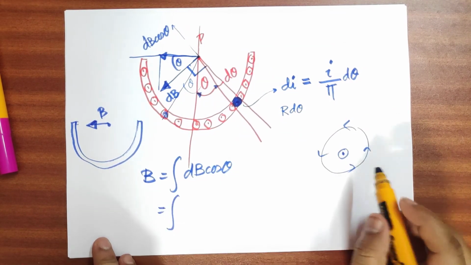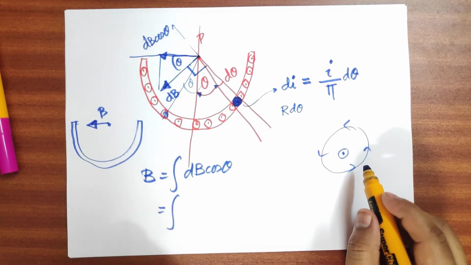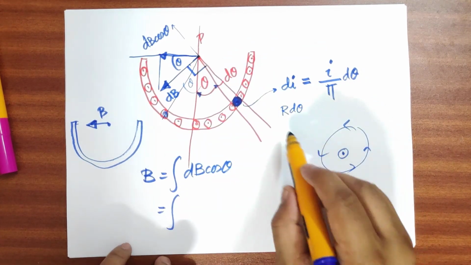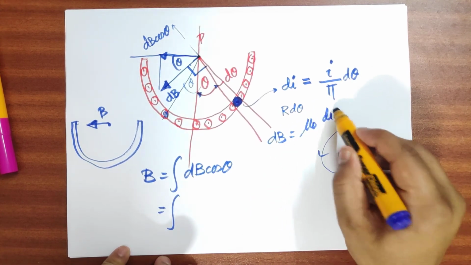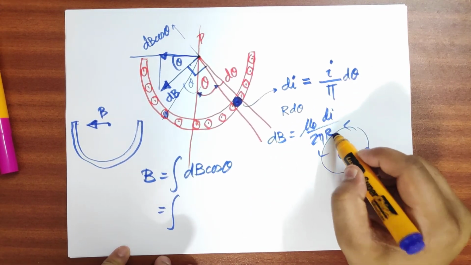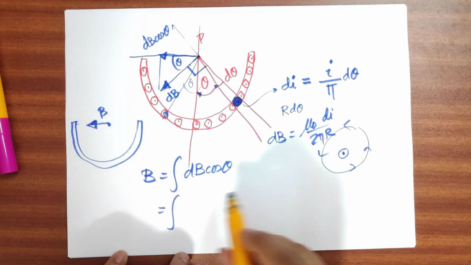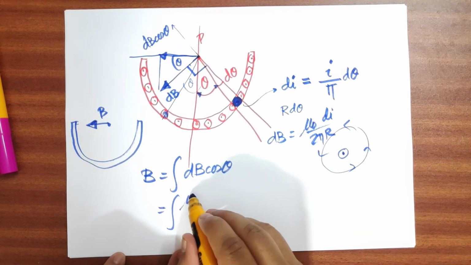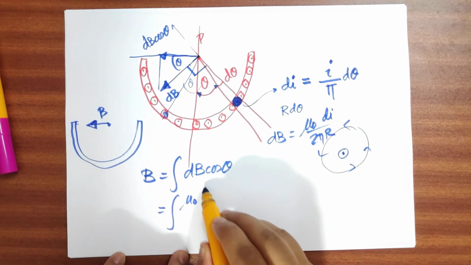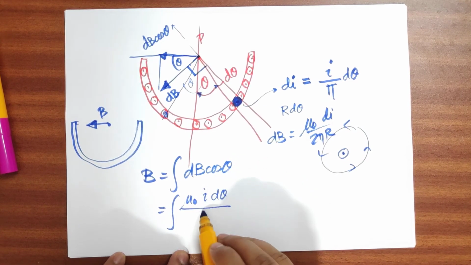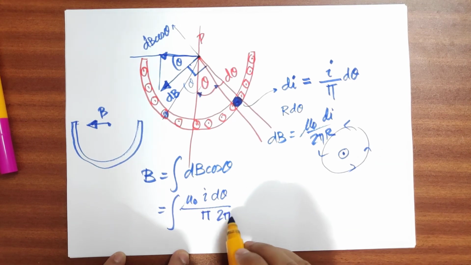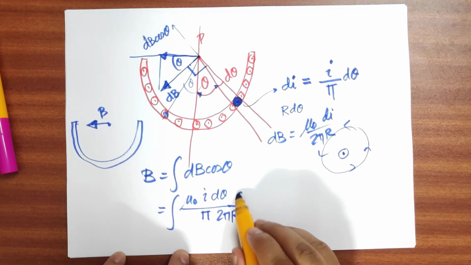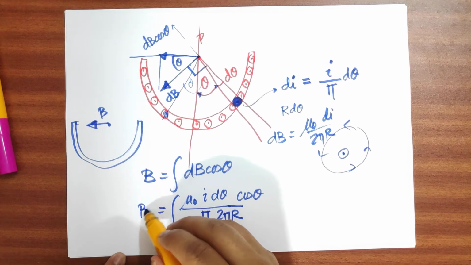Let us find out what dB is equal to. dB equals mu naught di by 2 pi r. So mu naught di means I d theta divided by pi, divided by 2 pi r, and multiplied by cos theta.